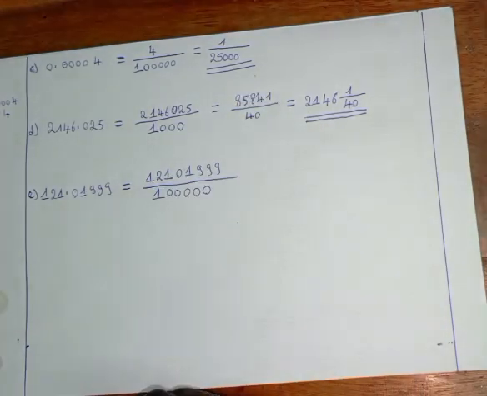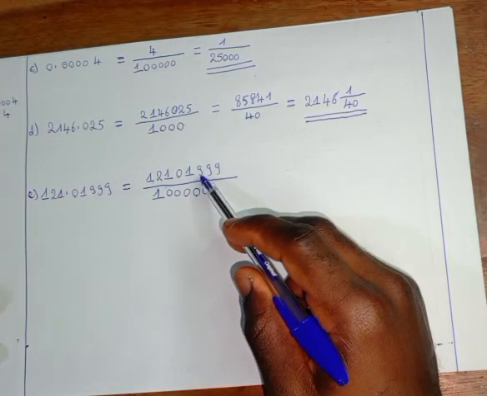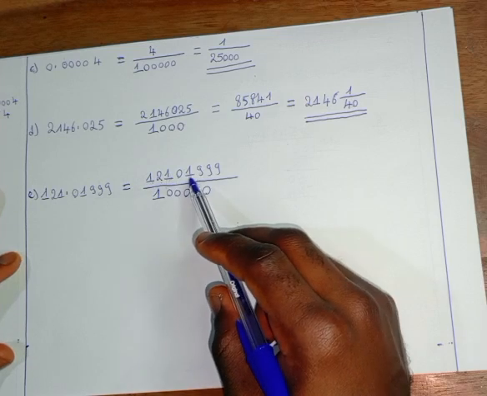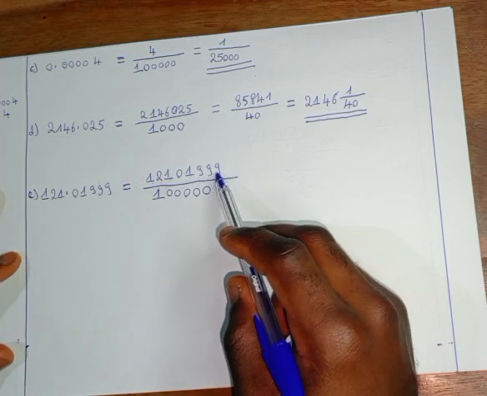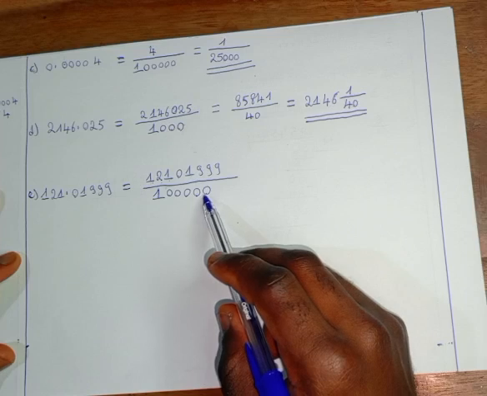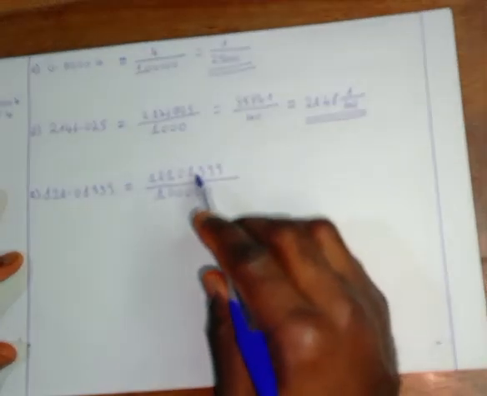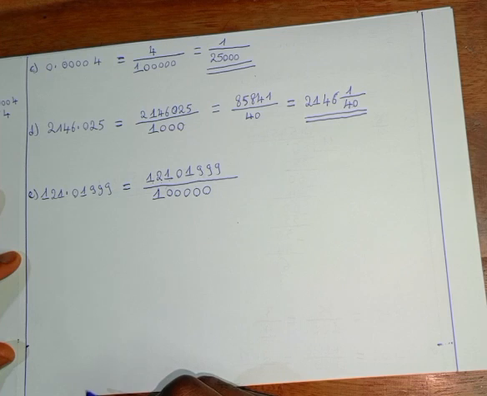And this gives us an improper fraction. The next thing, the HCF of 12,101,999 and 100,000 is simply equal to 1. These two numbers, they are relatively prime.